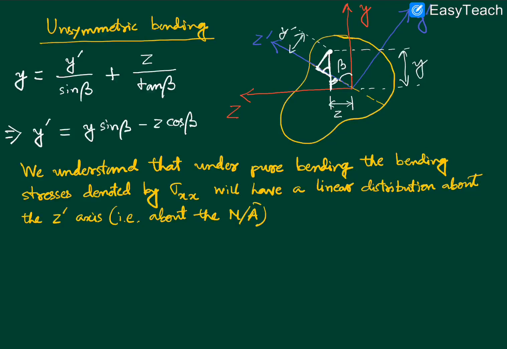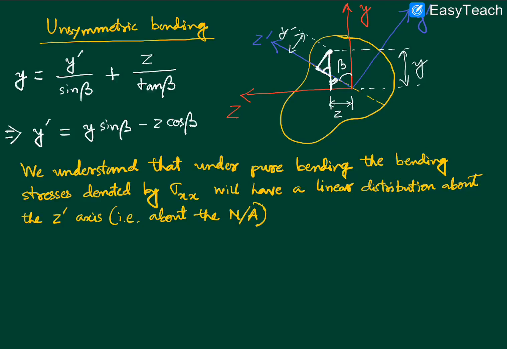It is very important to note that we are considering pure bending, and the bending stresses sigma xx will have a linear distribution about the z dash axis. Basically this means that the sigma xx will have a linear distribution about the neutral axis. The z dash axis is actually coinciding with the neutral axis here. Now, although we understand that this will be a linear distribution, we don't exactly know what the form of the linear distribution is. So that is one of the big challenges here, to understand what that exact form is.